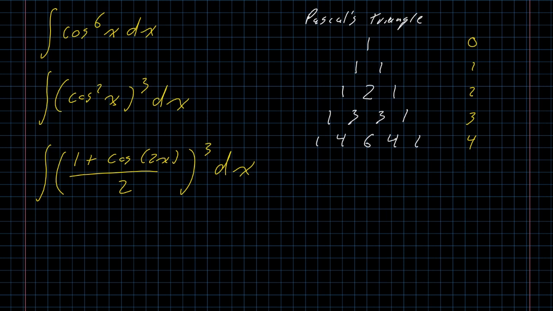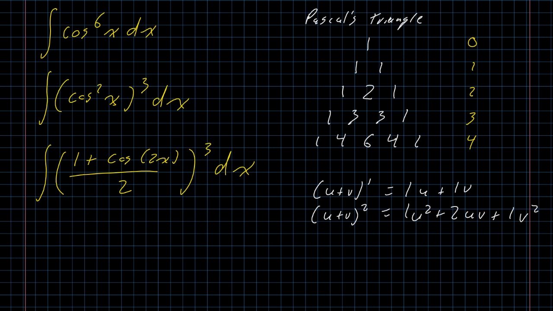So raising anything to the 0 power, you just get 1. Raising something to the 1st power, you get that thing. So if you had u plus v to the 1st power, you get 1u plus 1v. u plus v to the 2nd power would be 1u squared plus 2uv plus 1v squared.